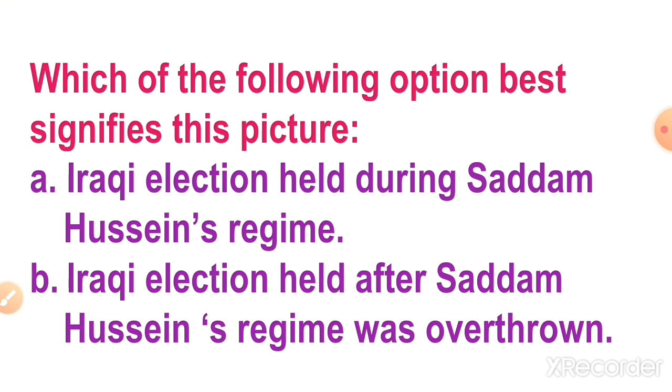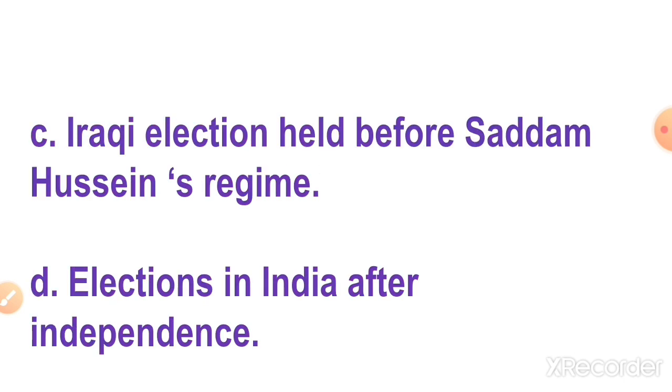This one also I want you to answer, but I'll read out the options for you. Iraqi elections held during Saddam Hussein's regime. Iraqi election held after Saddam Hussein's regime was overthrown. Your C option is Iraqi election held before Saddam Hussein's regime.